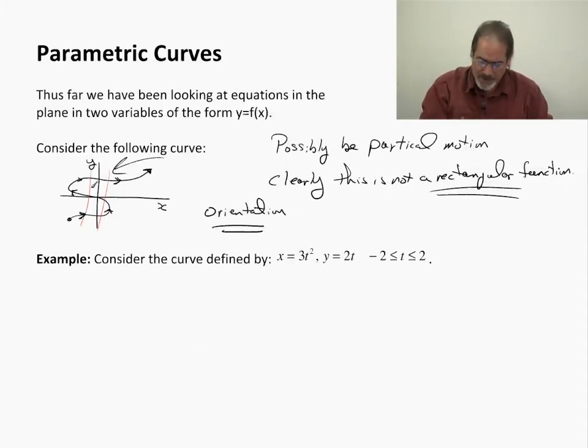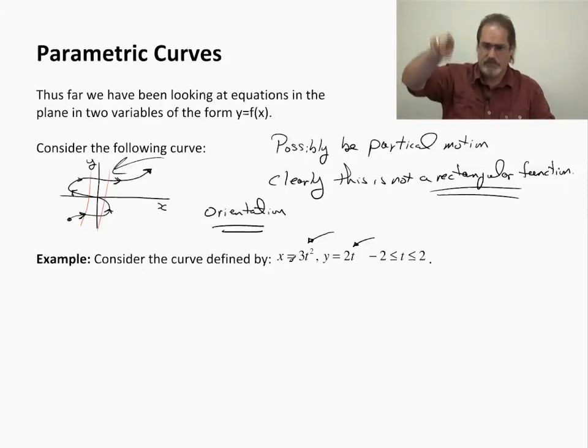So the way that we're able to get a curve like this on the xy plane is by taking x and defining it as some function of t and y as another function of t. So as t changes, x can change. If I just use y equals x squared, then I get this type of action or maybe this type of action.